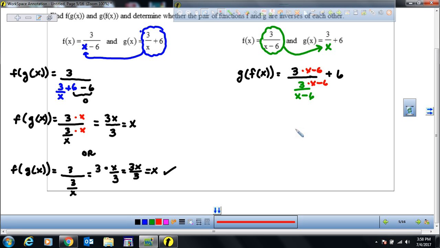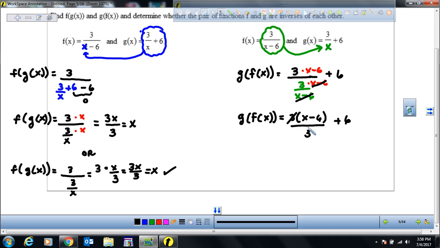So what's going to happen if I multiply the x minus 6 here? Let's see. So the x minus 6's simplify here, right? So you're going to be left with 3 times x minus 6 divided by 3 plus 6, right?